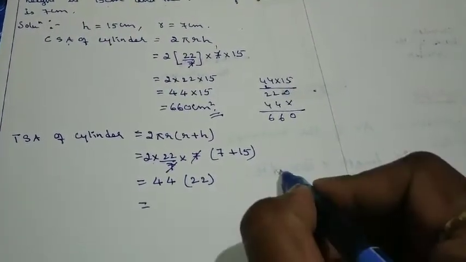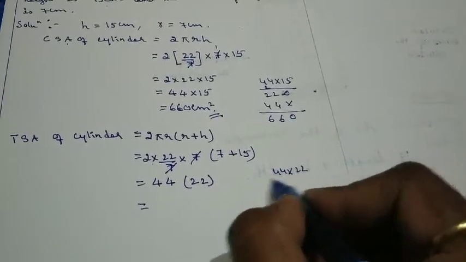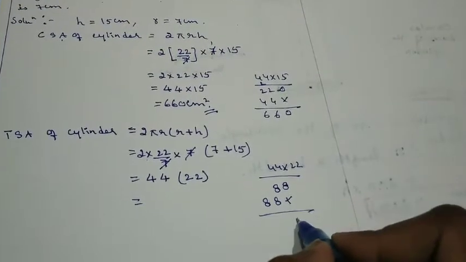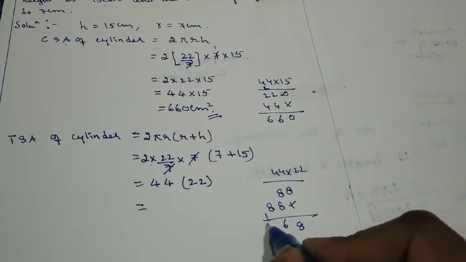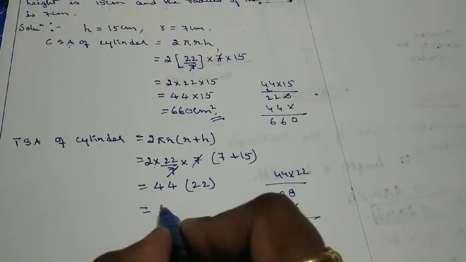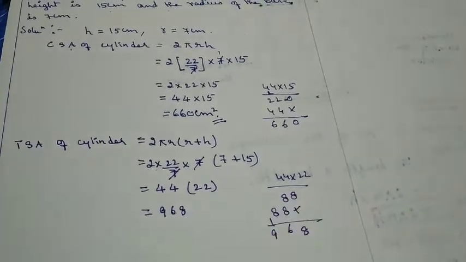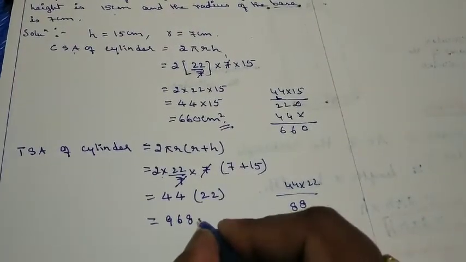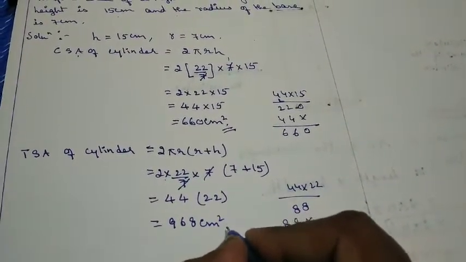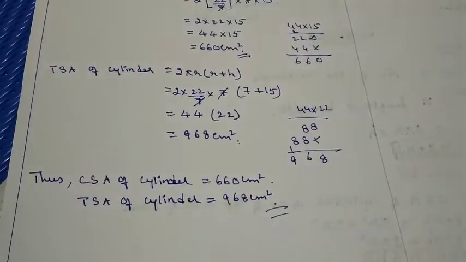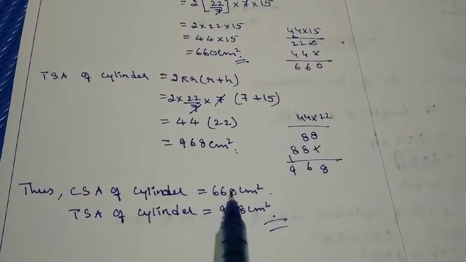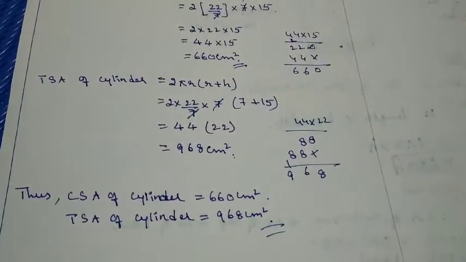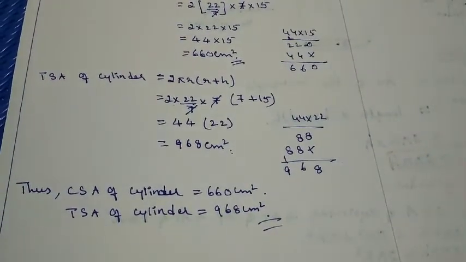Then 44 into 22 gives the answer 968. And here TSA is again an area, so the unit becomes square units. Thus CSA of cylinder is 660 centimeter square and the TSA of cylinder is 968 centimeter square.